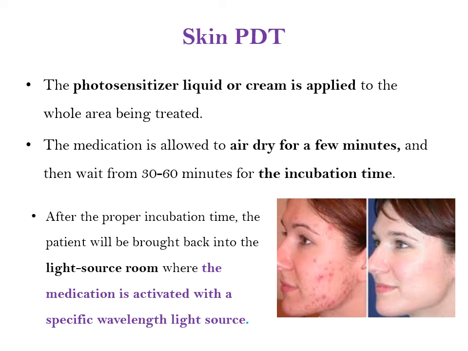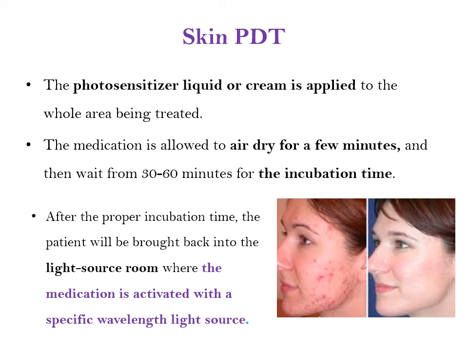When you see the skin photodynamic therapy, in all procedures of photodynamic therapy, the first is application of the photosynthesizer. So in this case, the photosynthesizer liquid or cream will be applied to the whole area being treated, or the part of the skin that we want to apply photodynamic therapy to.